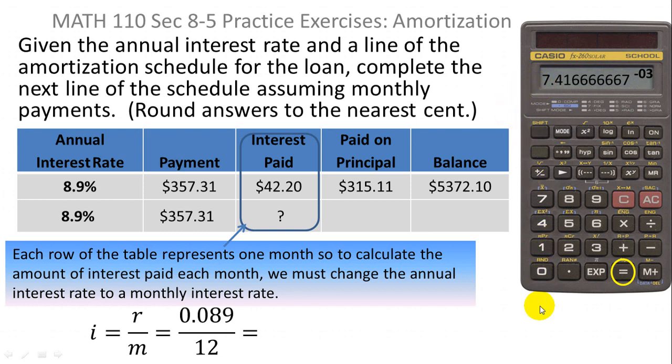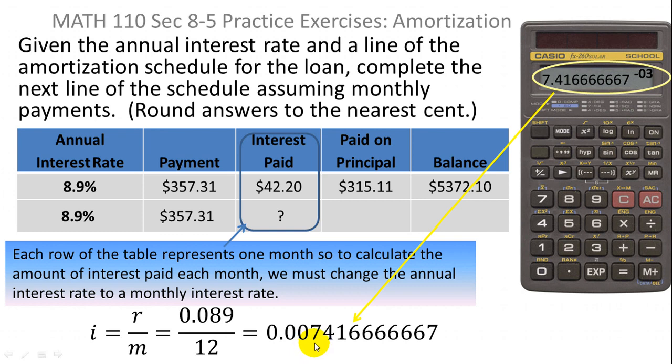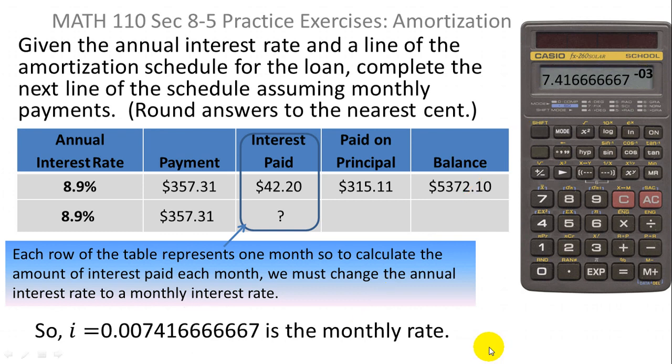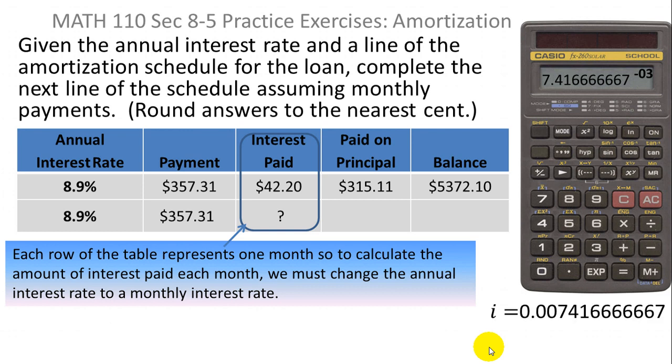So when you do that, that decimal gets moved 1, 2, 3 over here, and so now we've calculated i, and that is the monthly rate. So of the 8.9%, it pays out that much every month. I'm going to move it off to the side so we'll have some room to calculate.